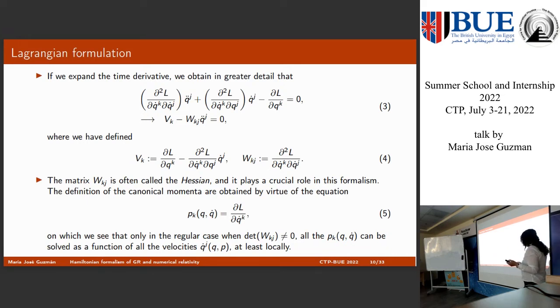The canonical momenta depend on the position but also on the velocities, and somehow we are transferring the kinematics of the velocity to the momenta through a Legendre transform of the Lagrangian. These momenta can be expressed in terms of the velocities if this Hessian is invertible. If the Hessian is an invertible matrix, then all the momenta can be solved as a function of the velocities. If not, then we are in the presence of a physical system with constraints.